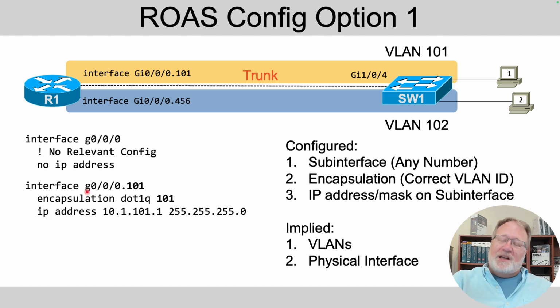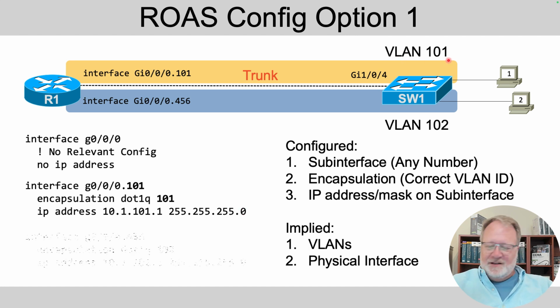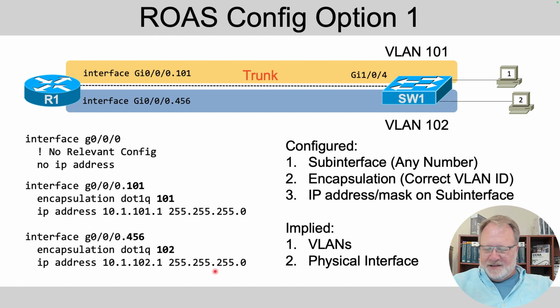And then, just like any other router interface, we give it an IP address. Now, I didn't go through the planning of IP addresses with you here, but let's just say somewhere else we've planned the idea that router R1 is going to have this address and mask in the subnet that sits on VLAN 101, and this IP address and mask in the subnet that sits in VLAN 102. And all you've done is configure those values here.